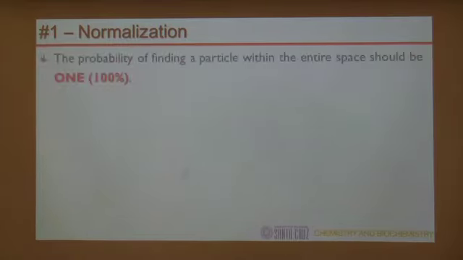The normalization. And with the normalization, the probability of finding a particle within the whole space, within all space, must be 1, right? Let's say we confine the electron within that box, so we know the electron must be within the box. If we search every corner of the box, all space of that box, we must find the electron.